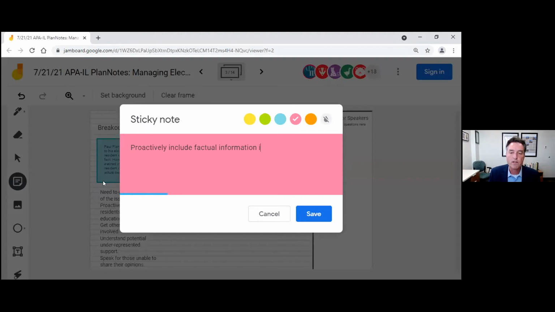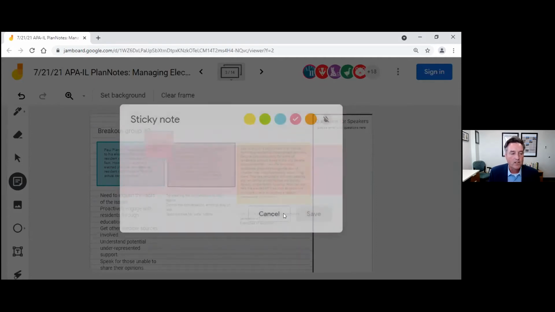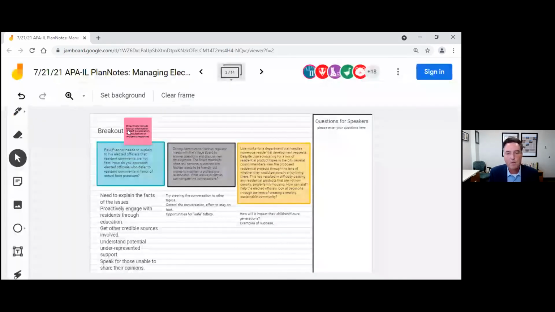And don't just assume that your elected officials are on board with all of the planning best practices that we subscribe to, because they may need some education and some ability to learn about these best practices as well. And the last thing I'll say is, have some respect for residents that come up and are giving their opinion, whether you agree with it or not.